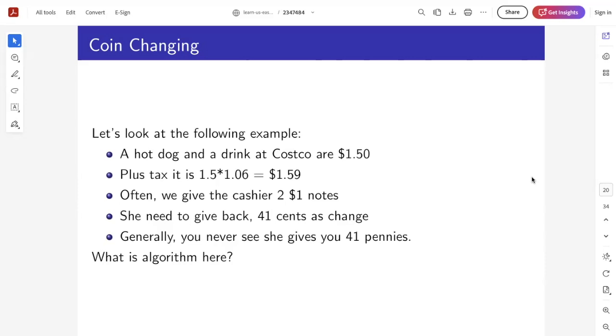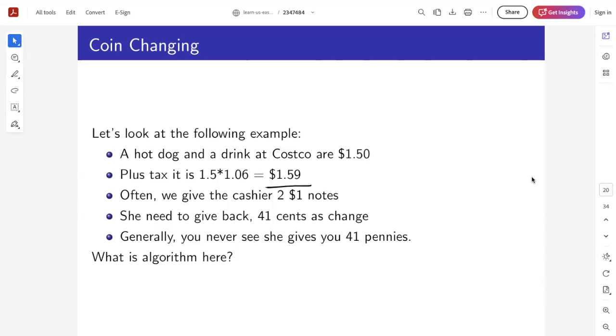This is coin changing. Let's look at the following example. Let's say at Costco, which is a wholesale store, a hot dog and a drink cost $1.50, and plus Massachusetts tax, let's say, it's $1.59.